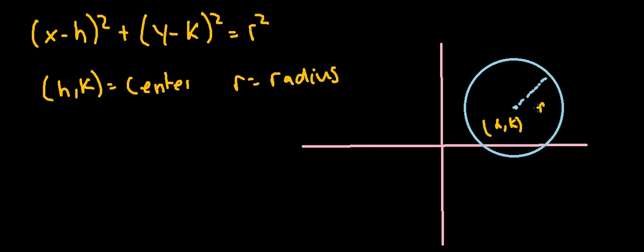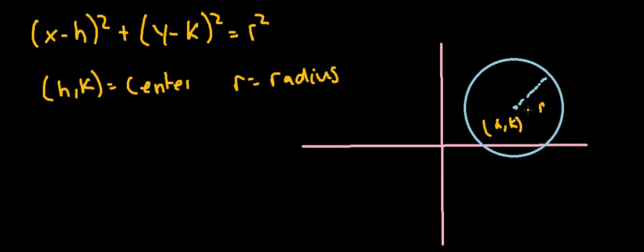Well, we know that all the points are going to be the distance of the radius from the center. So if we want a center of something and then a radius of 2, then it would be 2 distance from this center.